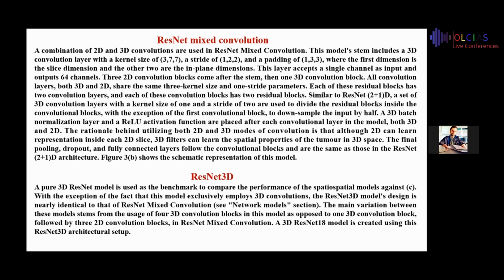The ResNet 3D model design is nearly identical to the ResNet Mixed Convolution network model. The main variation between these models stems from the usage of 4 3D convolution blocks in this model, as opposed to 1 3D convolution block followed by 3 2D convolutional blocks in ResNet Mixed Convolution. A 3D ResNet 18 model is created using this ResNet 3D architectural setup.